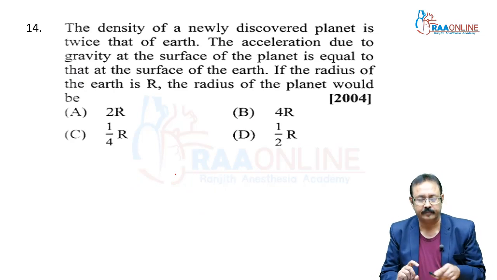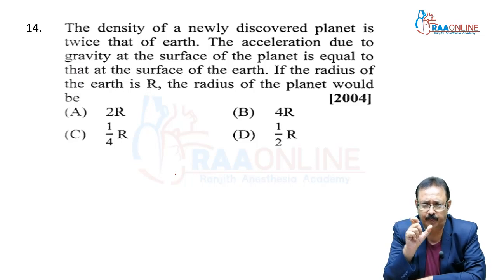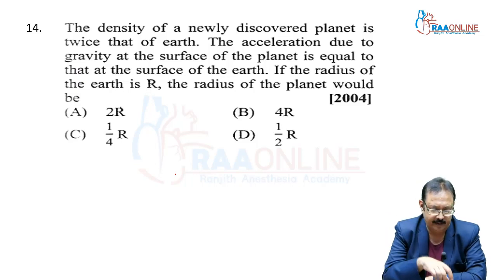Next, the density of a newly discovered planet is twice that of Earth. The acceleration due to gravity at the surface of the planet is equal to that at the surface of the Earth. If the radius of the Earth is r, the radius of the planet would be. So from where should we start?